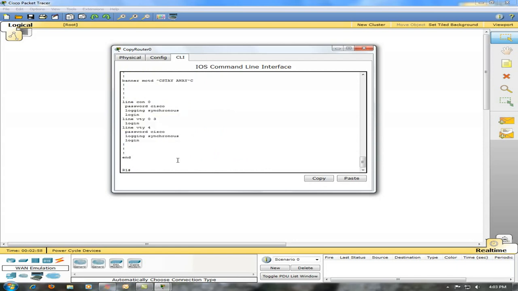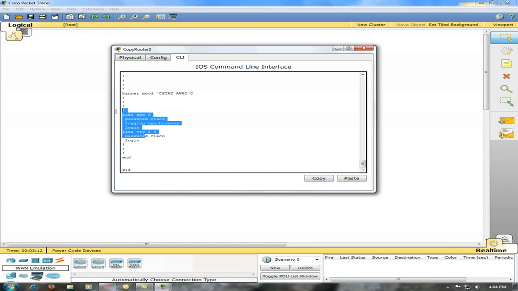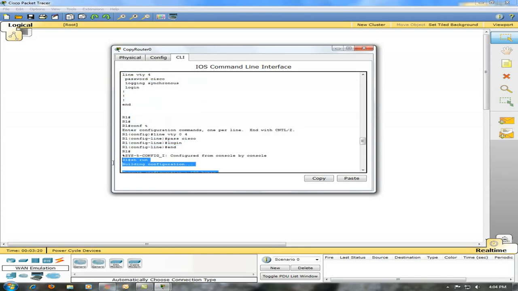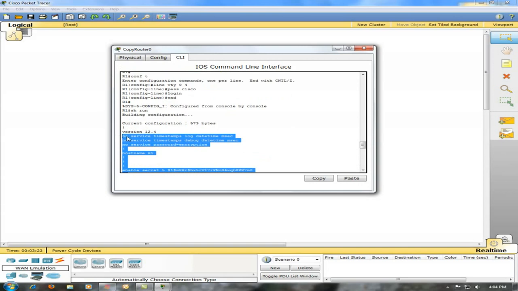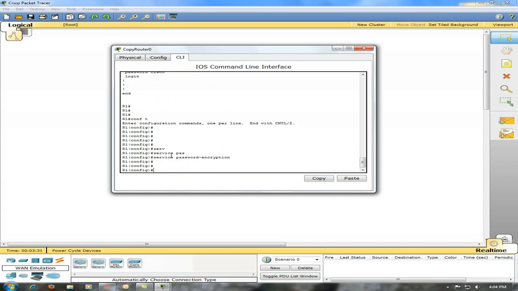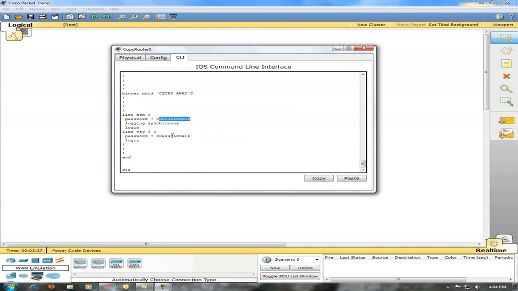Lines. Oop. I didn't get into all the telnet lines. There we go. Banner, lines, secret, hostname. Got all those. Oh, that's right. Do y'all remember the other command we did? It was service password-encryption, just so that all the passwords are encrypted now.